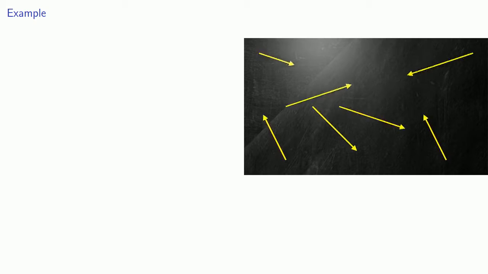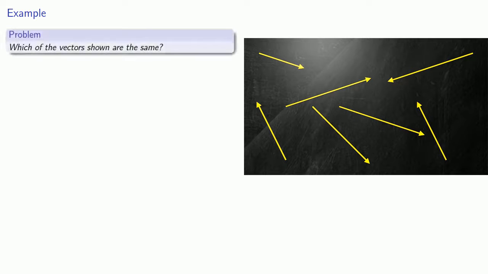Well, if a vector is a directed distance, then we can represent it using an arrow, with the direction of the arrow showing us the direction of the vector, and the length of the arrow showing us the distance. And the first thing we might want to do whenever we're given a new type of object is to ask when two of these things are the same. And since a vector has both a direction and a distance, we want to find vectors whose directions and distances are the same.